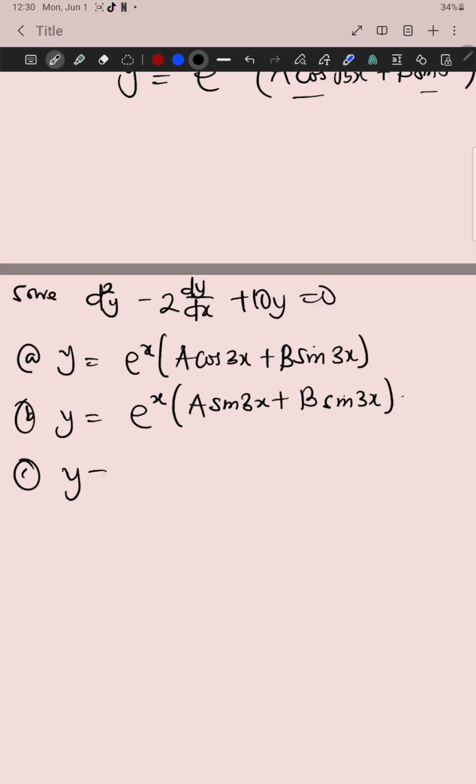C, y is equal to minus e to the power of minus x times a cos 3x plus b sin 3x. So let's see which of these is correct. This is the question: d squared y over dx squared minus 2 dy over dx plus 10y is equal to 0.